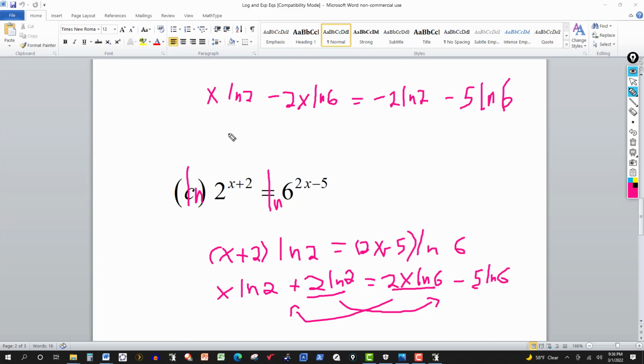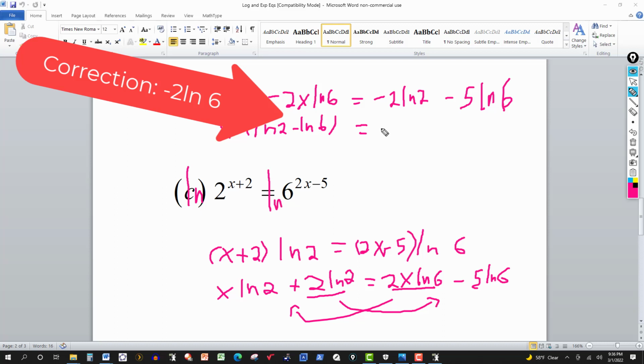So now what I'm going to do is factor an x out from this. And that's going to leave me with ln of 2 minus 2 ln of 6.